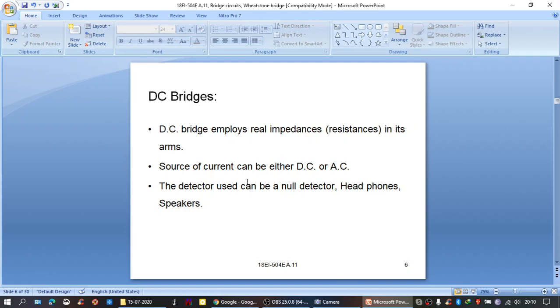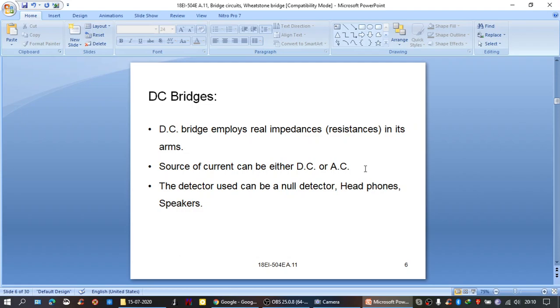The source of current here can be either a DC source or an AC source. We can use DC current as well as AC current, because for resistances there is no difference between DC and AC.